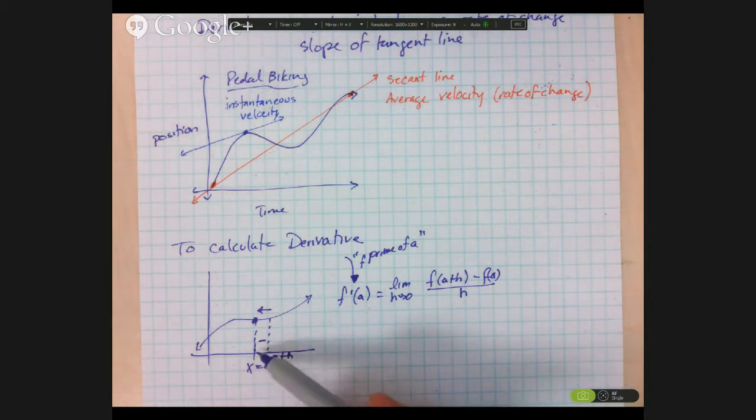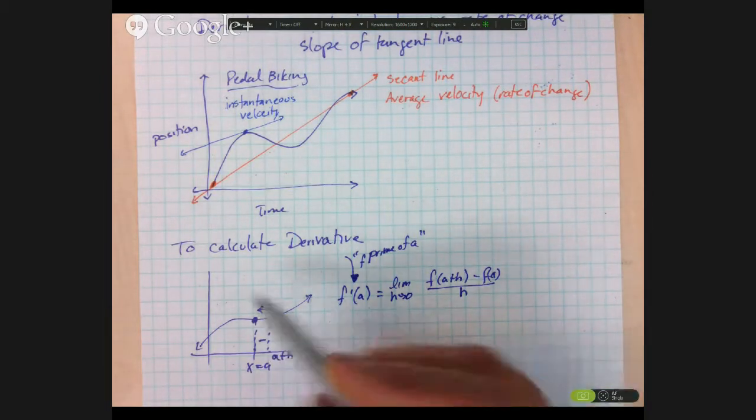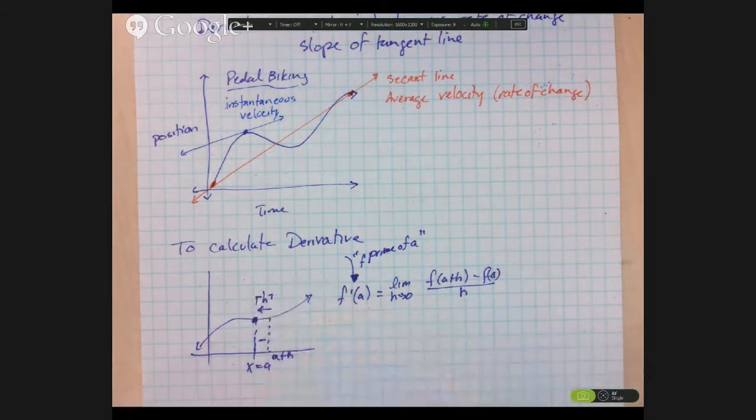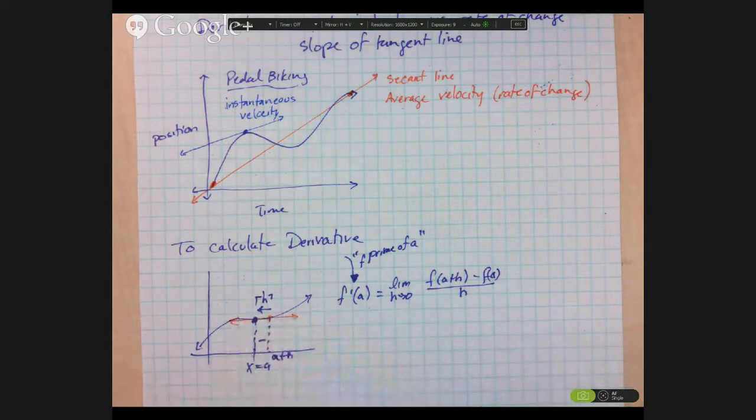We're shrinking the interval to 0 so that it's no longer a secant line and it's a tangent. So this is A plus h, and this interval is h units. It has a secant line in it through 2 points. What we're doing is making that h go to 0 so that it becomes a tangent line.